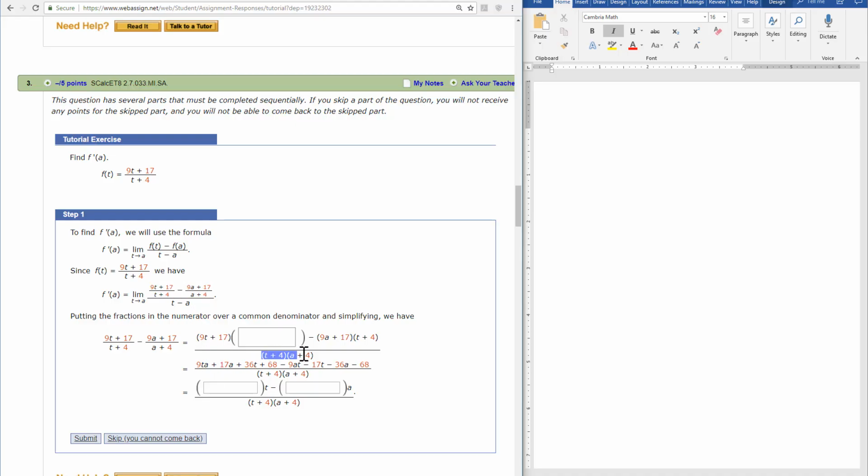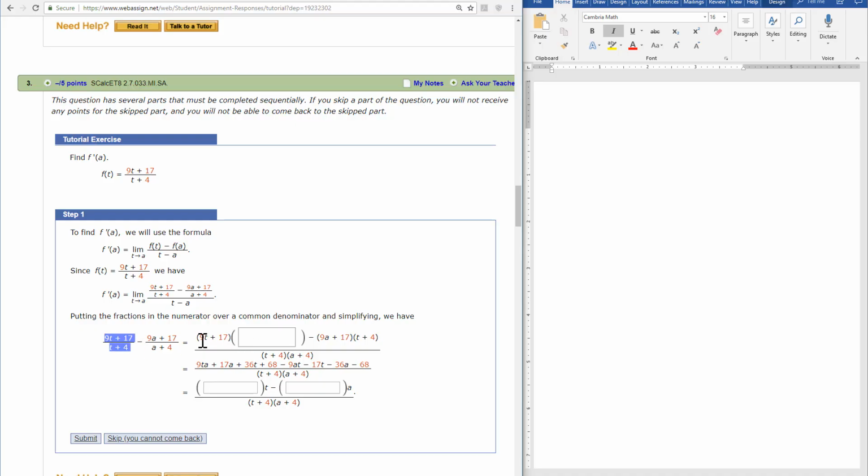So it looks like our common denominator will be the denominators of the fractions, t plus 4 and a plus 4. And so if we're going to have that as a common denominator, we're actually going to multiply the first expression here by a plus 4 divided by a plus 4.